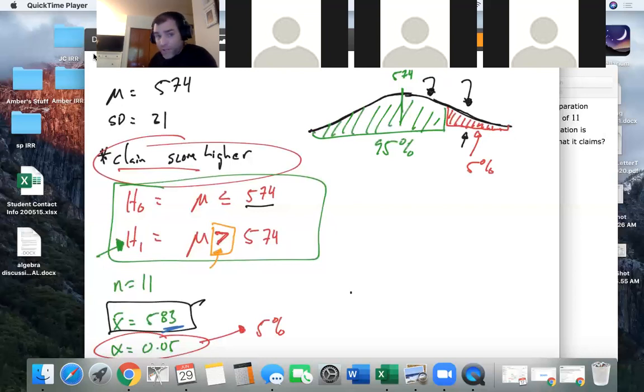And in order for us to reject the null, we need the proportion. So this is what we're trying to test. We need the proportion of this thing to be within this area here. Does anybody have any questions about that before I move on?